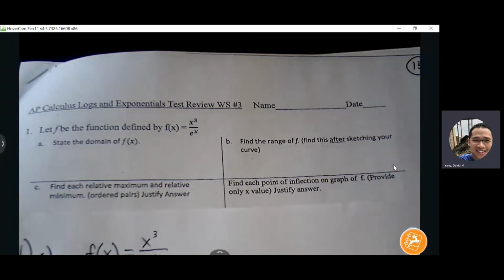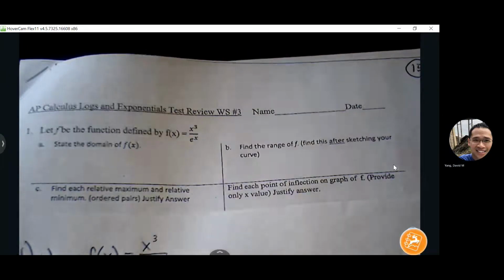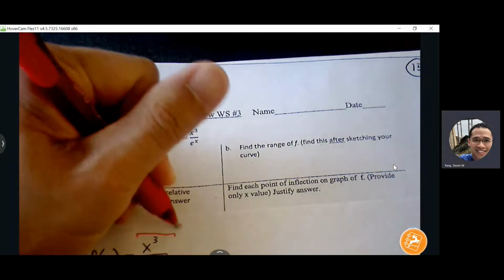All right, so if I want to go through first derivative tests through quotient rule.